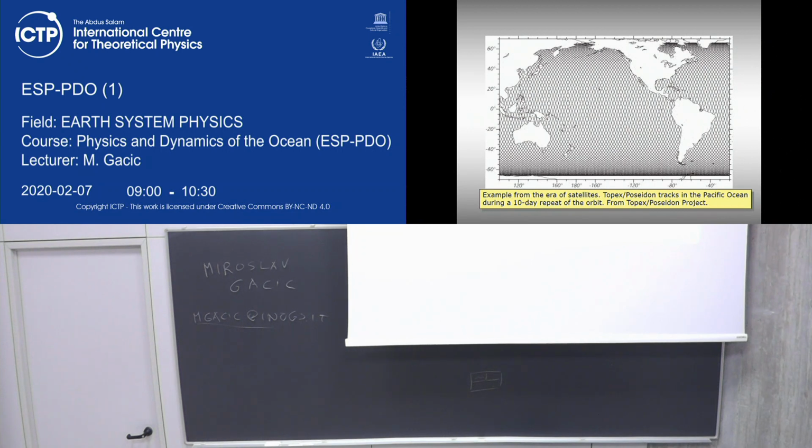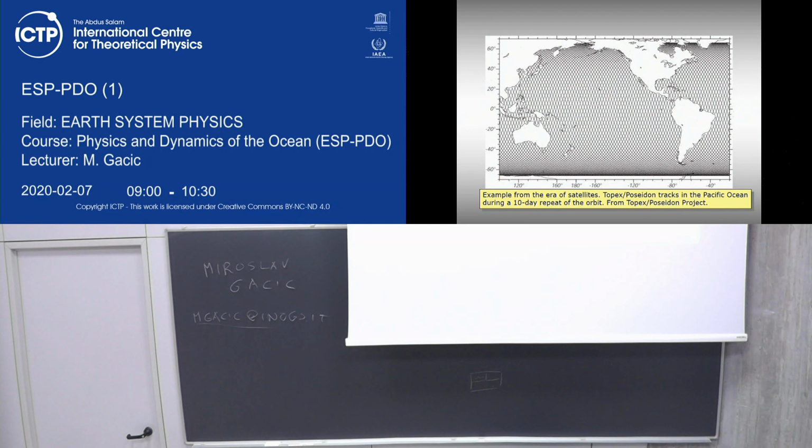This data has some problem, in the sense that they give us information only at the surface. We don't know what is happening below. We do know what the circulation at the surface is, but we do not know what is happening below. Therefore, we cannot simply rely on the satellite measurements and say, okay, we understand what is happening in the ocean.